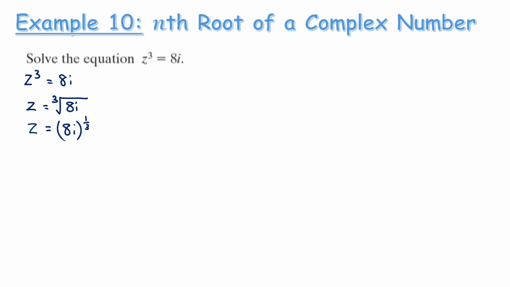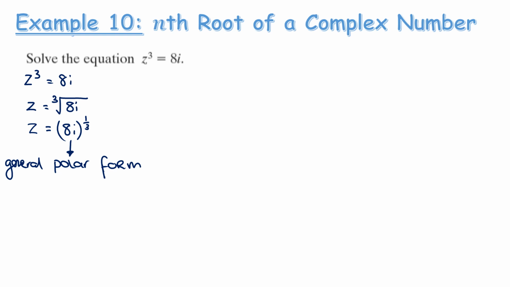So z is 8i to the power of a third. What we have now is a complex number to a power, so this is a great place where we could apply de Moivre. We're going to take our 8i and change this to polar form, and more specifically, general polar form, because if we can change that to general polar form, it allows us to get all the possible answers.